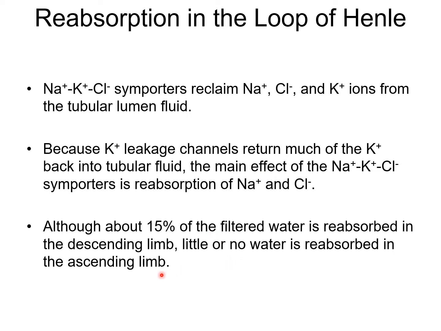In the ascending limb, no water is absorbed, and it means that the ions will be leaving the filtrate, but water will be left in the filtrate, and the filtrate will be getting more and more dilute for these ions.